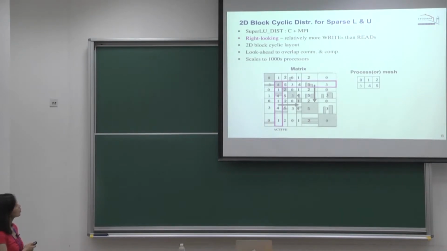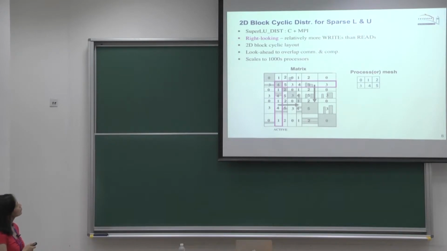Imagine that at this active panel here, in this figure I have 6 processors, 0, 1, 2, 3, 4, 5. And for this block column, I have 2 processes, 1 and 4. They are the owners of this block column, okay?